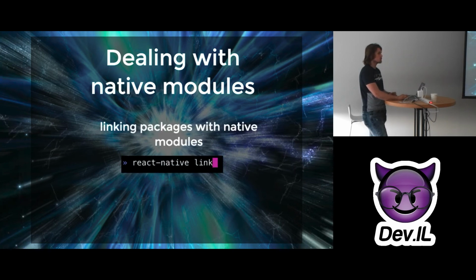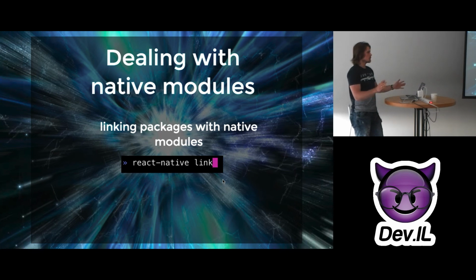So you have all the NPM ecosystem. So obviously, you will want to install. When you want some native module, you search for an NPM package, and then you see that this NPM package contains native modules. So what do you do? You install it, and you run React Native link. That's it. The React Native link does everything for you.